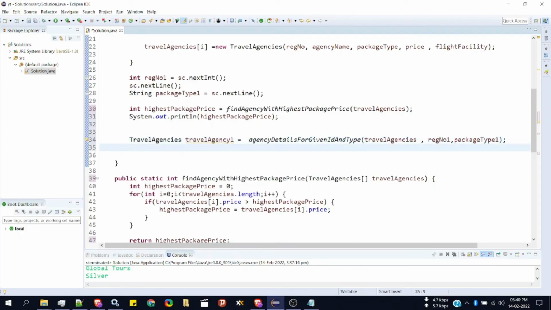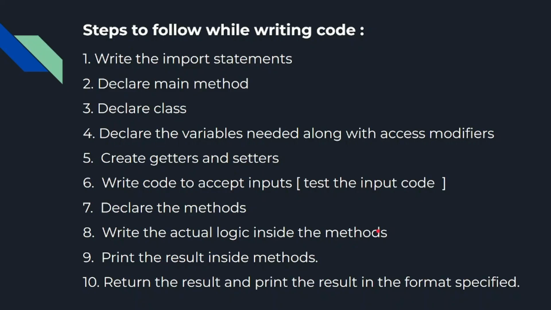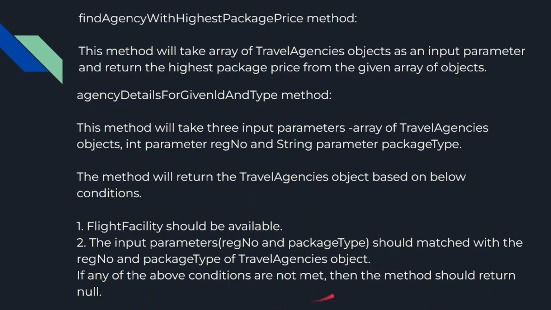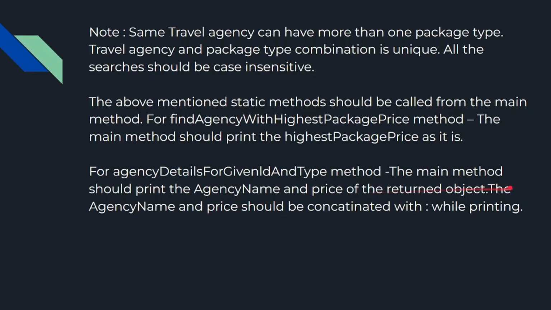Now they have given the format in which we are supposed to print the output, that is the agency name and price should be concatenated with a colon.